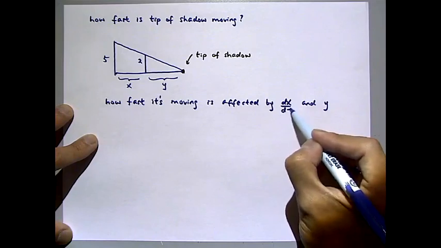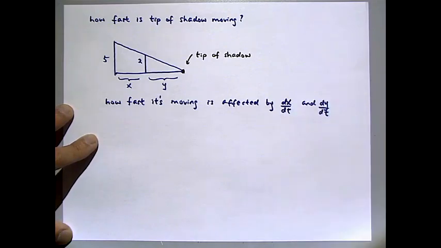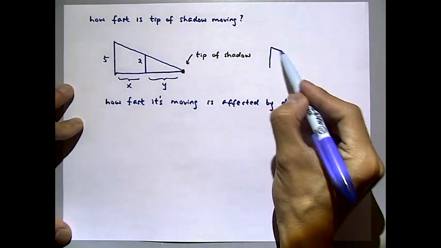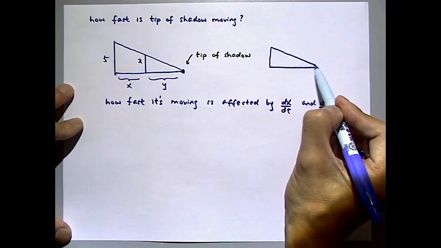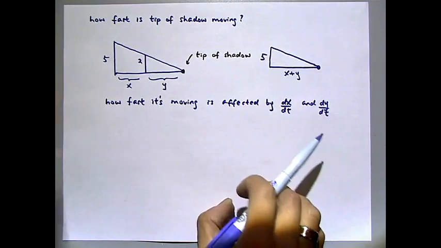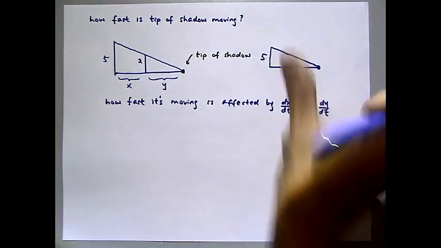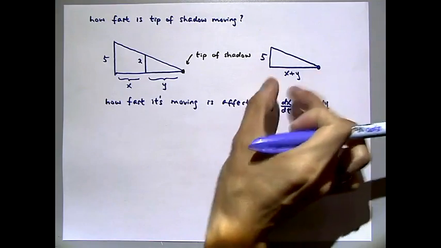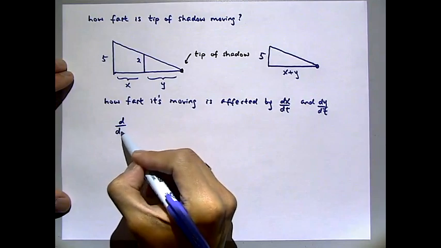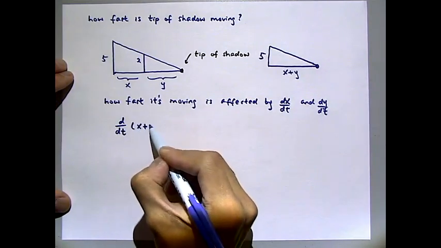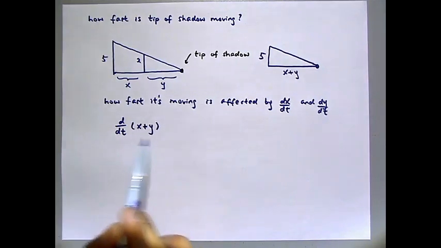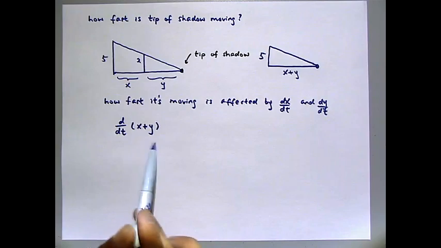Rather, dx/dt and dy/dt. It's a combination of the two. Okay, when he moves, this triangle will kind of change shape. So it's this quantity right here. That's what we want. How far is the shadow from the base of the light? Well, that's represented by this quantity right here.